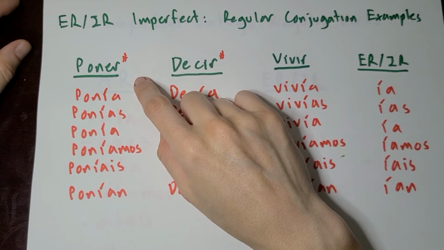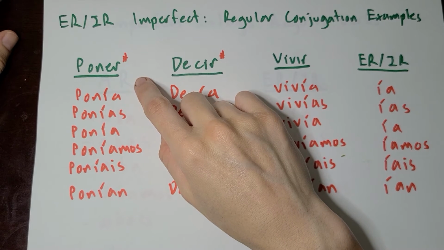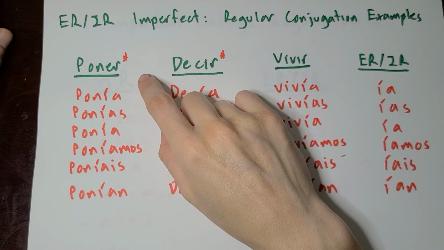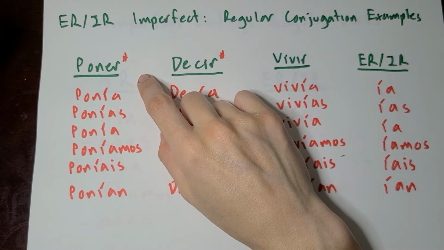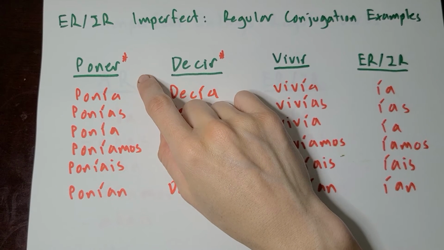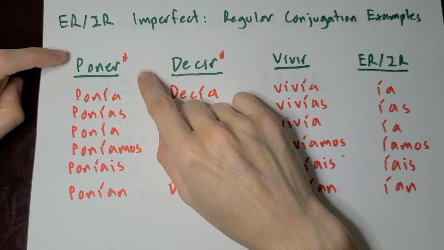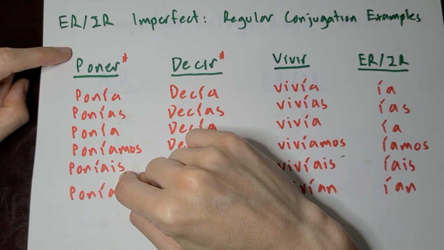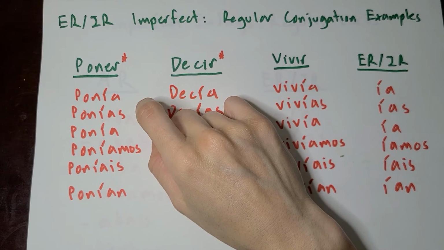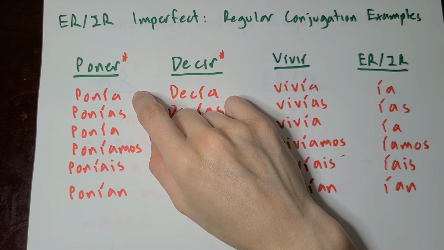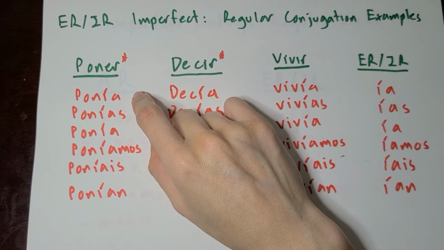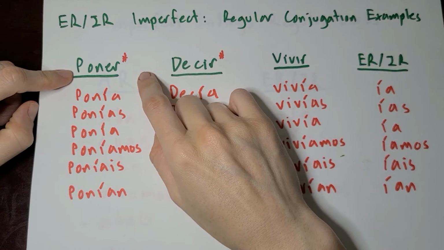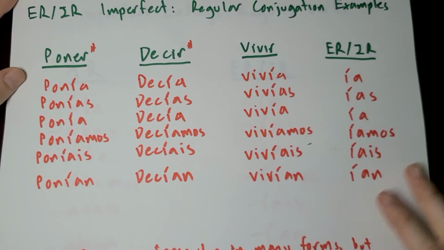A lot of the times you'll hear this in the preterite tense because it's such a short action that realistically, not often are you going to say, oh, I was putting this here when something happened, because that time window is physically very short. That being said, you'll definitely still hear this in the imperfect because you could say you used to put something somewhere. I used to put my keys by the door, but now I put them somewhere else because of some reason. So poner, you will still hear it in the imperfect tense.